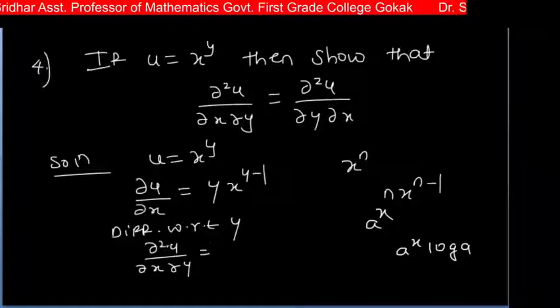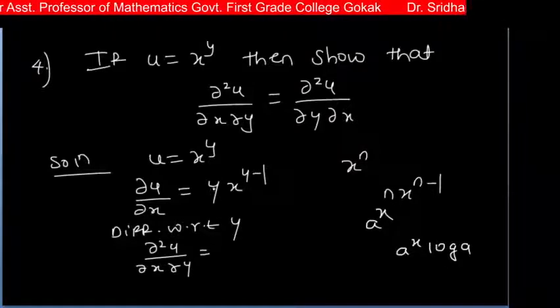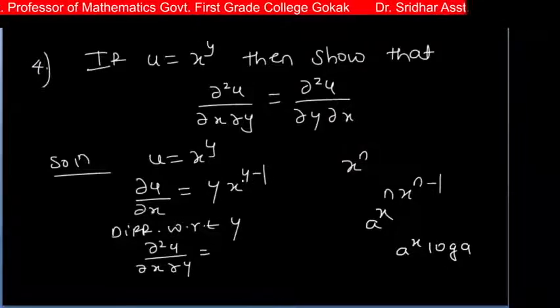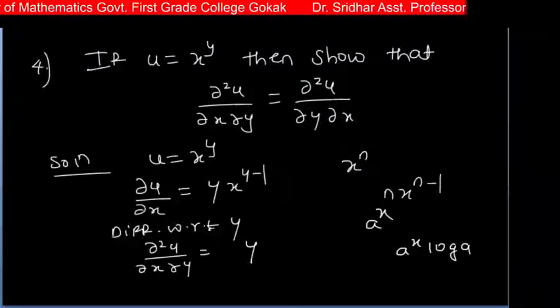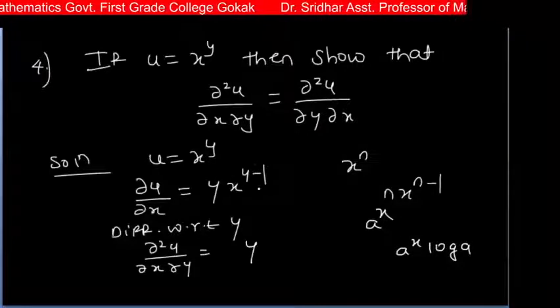So here we are differentiating with respect to y, and y appears on both sides, so we apply the product rule. First function as it is, differentiation of the second. While differentiating this, we are differentiating ∂u/∂x with respect to y, so we treat x as constant. Here y is variable, so first function as it is, differentiation of this one.